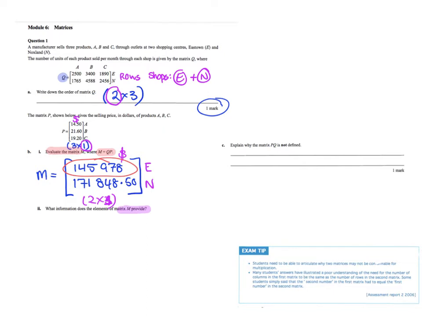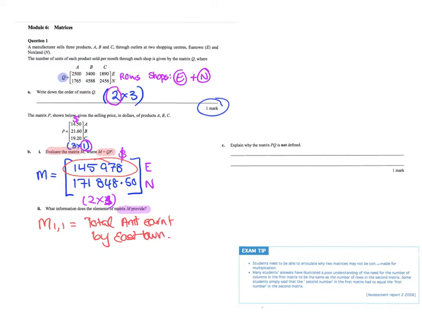So that's right. So this element, row 1, column 1, equals the total amount earned by East Town selling those things.